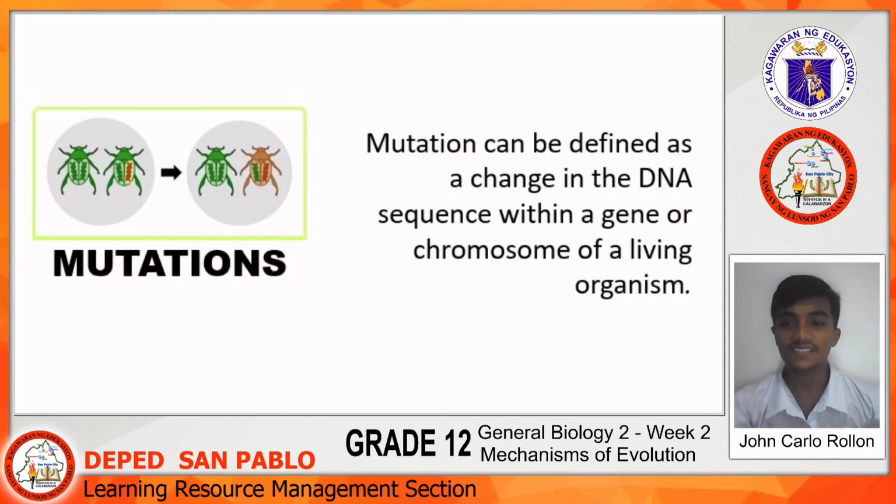Another mechanism of evolution is the mutations. So when we define mutation, it is the change in the DNA sequence within a gene or chromosome of a living organism. Many mutations are neutral. They can neither harm nor benefit, but can also be deleterious or beneficial.